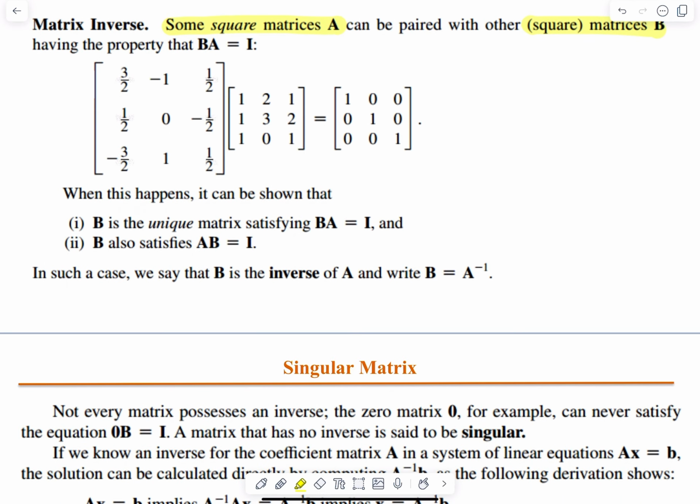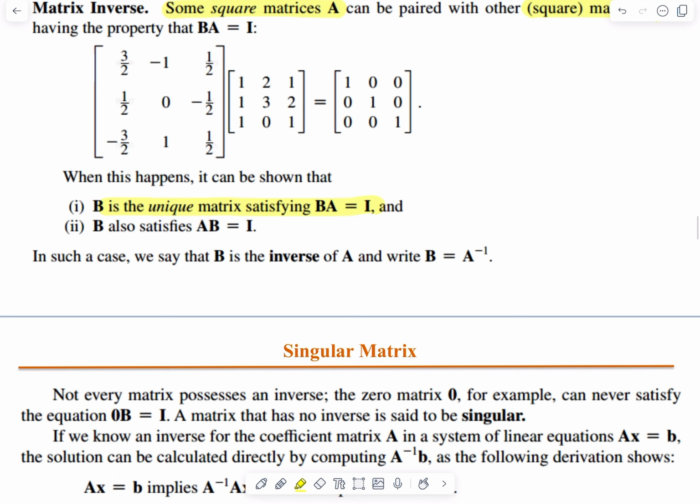When this happens, it can be shown that B is the unique matrix satisfying BA equals I, and also B satisfies AB equals I. So in such a case, B is the inverse of A, and we write that like this.